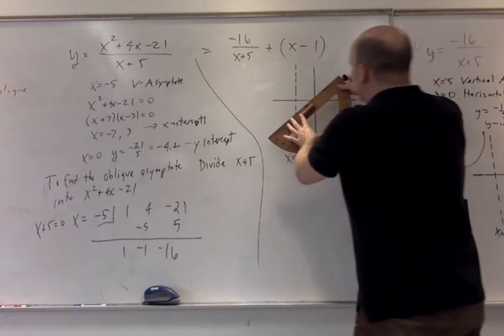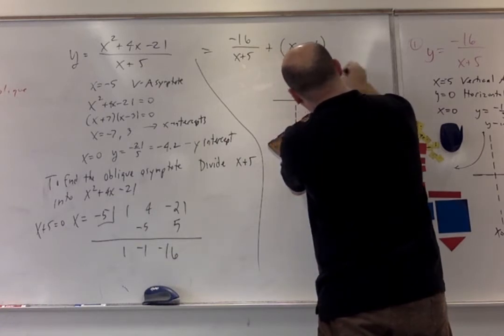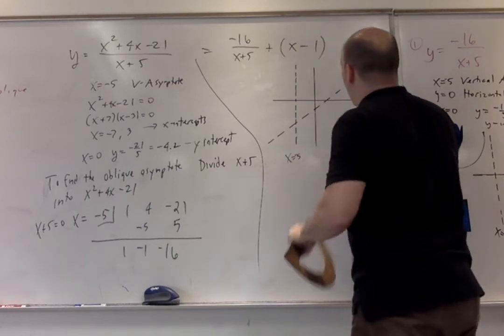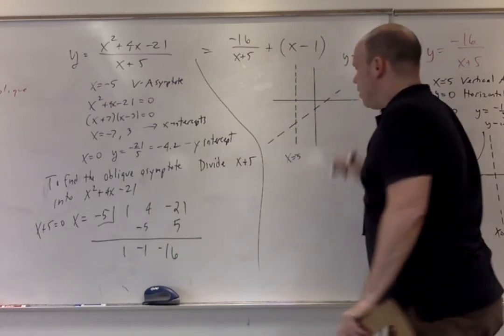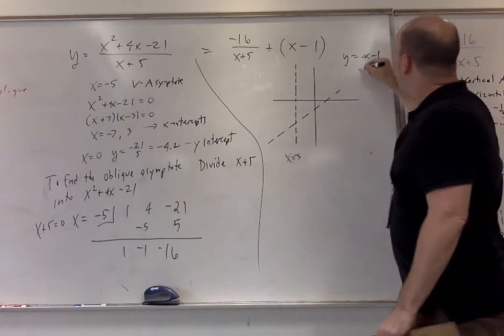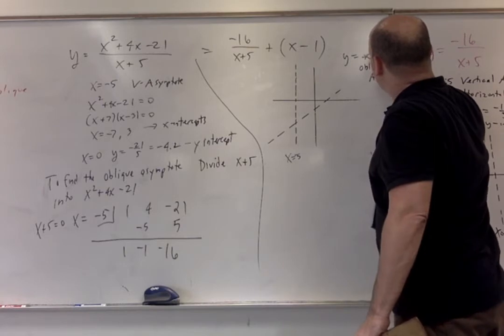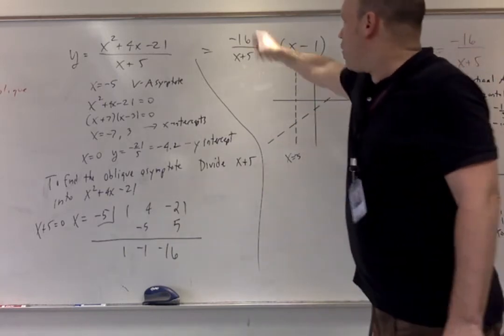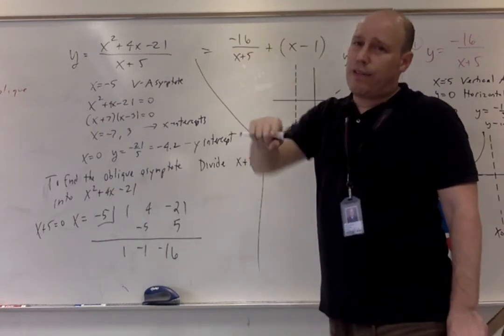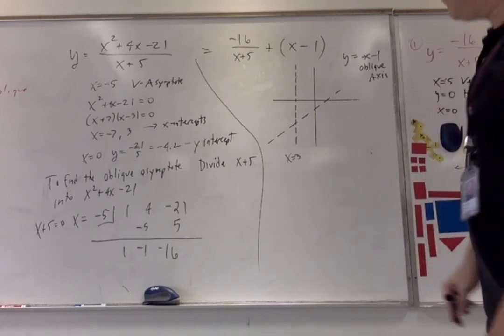We know that y equals x minus 1 is the oblique axis. And so this is kind of cool. This function that we did at the beginning of the last video fits in here. So we'll do 1 or 2 more examples. Let's put some points in.